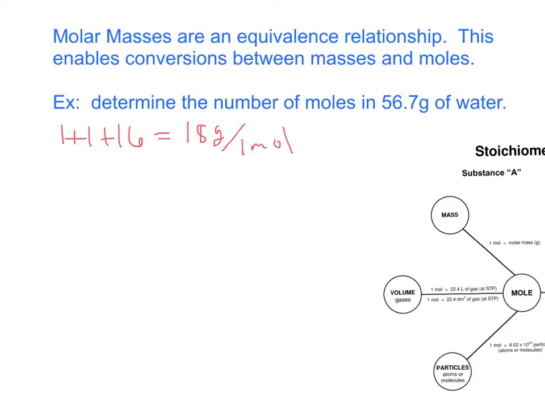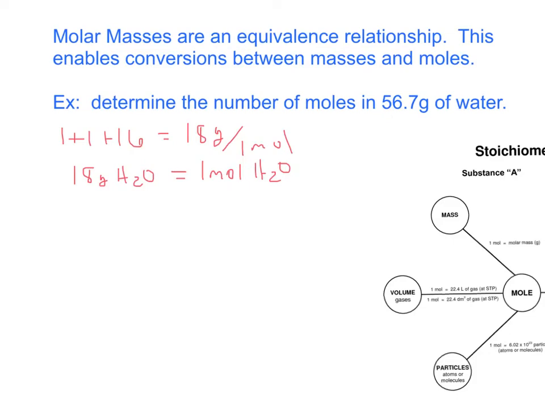So another way to say that is that 18 grams of water is equivalent to 1 mole of water. And that's our starting point. So we have to recognize that there's the equivalence. Once we have an equivalence that has grams and moles, we can change back and forth from one to the other. Especially since the question wants to know the number of moles in this many grams.